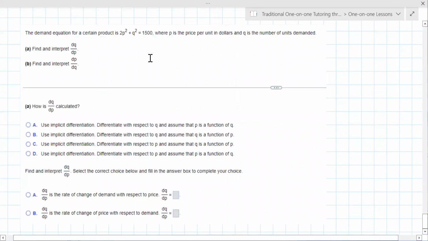Okay, so you can think of when we were doing x squared plus y squared equals 1500 kind of problems like this, y is really a function of x.